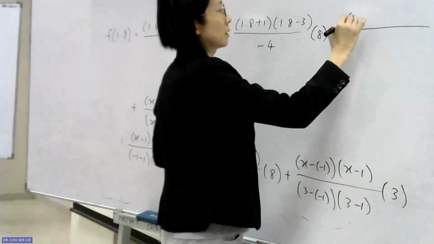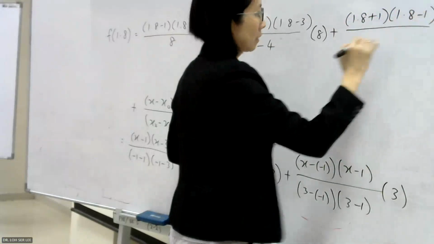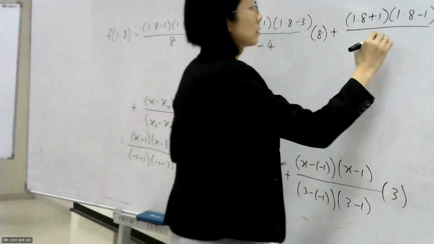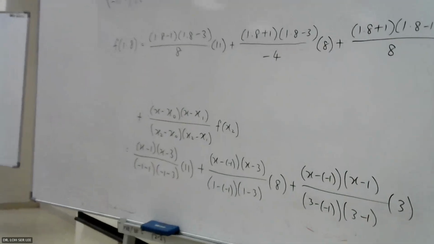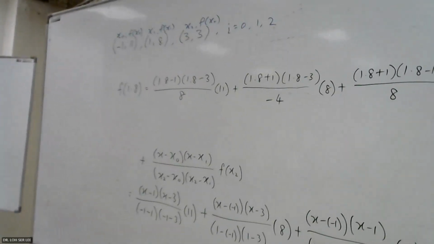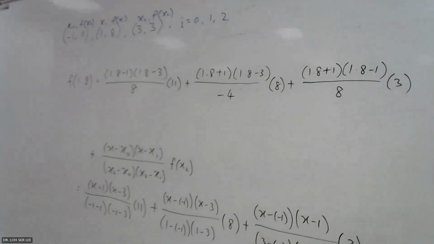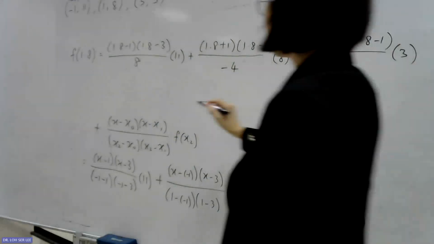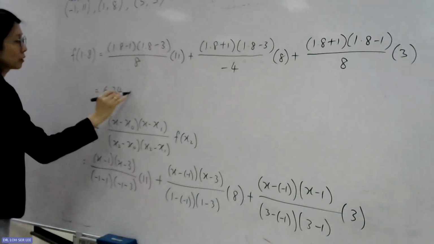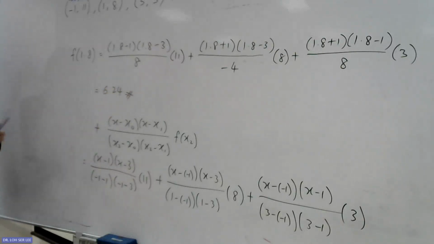Plus 1 minus 1. 4 times 2. So when you use a calculator to solve all this, you should get 6.24. Do you get 6.24? Yes. Okay, good.